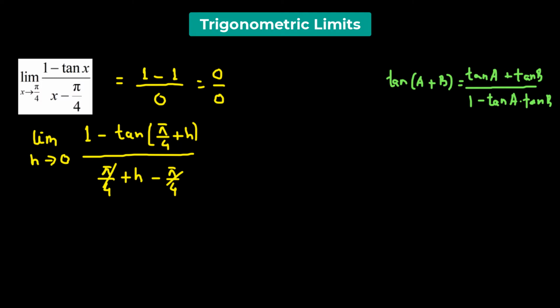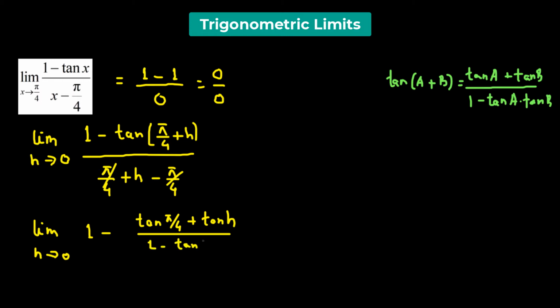So we're going to get limit h approaches 0, 1 minus (tan π/4 plus tan h) divided by (1 minus tan π/4 times tan h), whole divided by h.